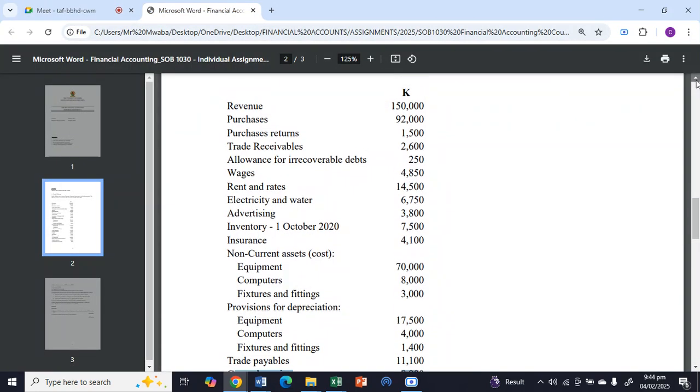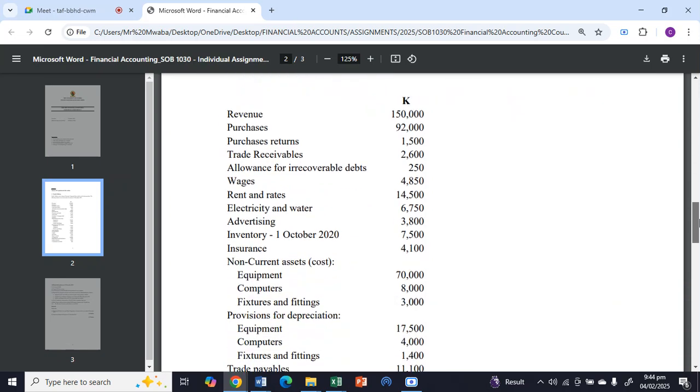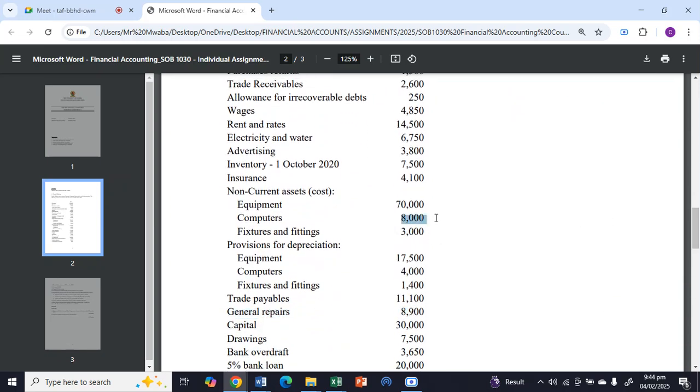Yes, and I said, yes, you're going to add it to this 8,000. But there's a revaluation that has to happen first, then we get the total. Then the 2,900 goes to the statement of profit or loss. Are we clear there?